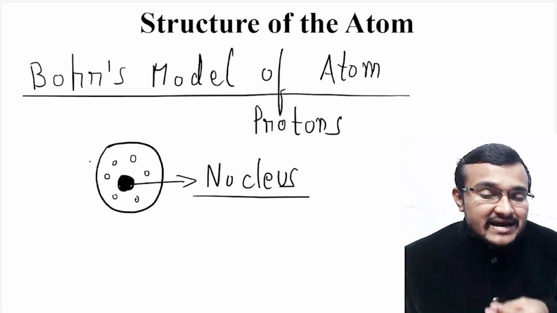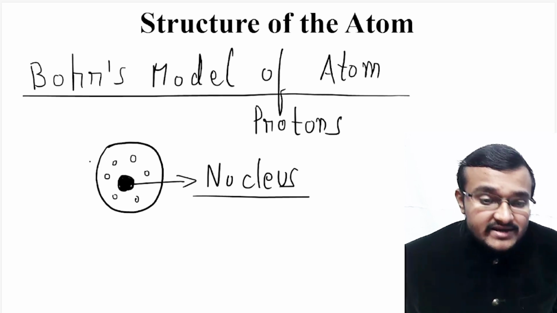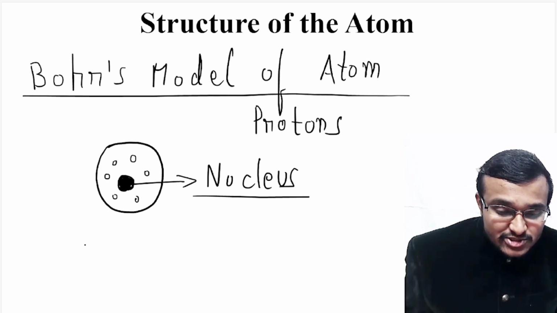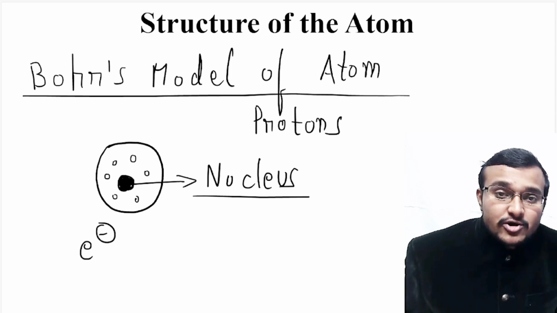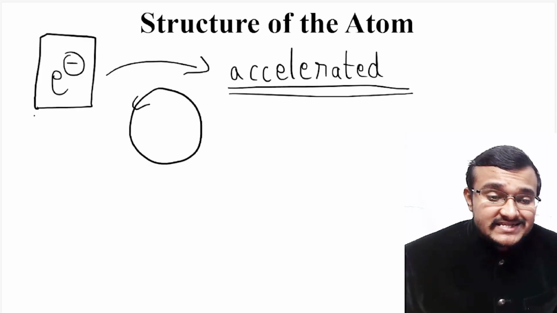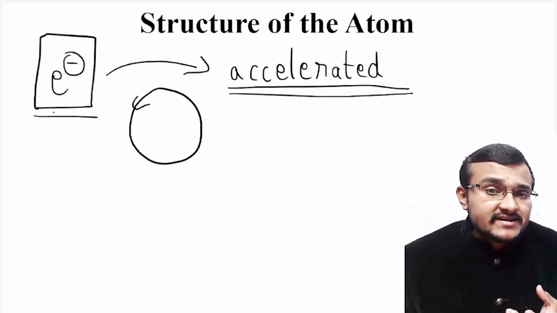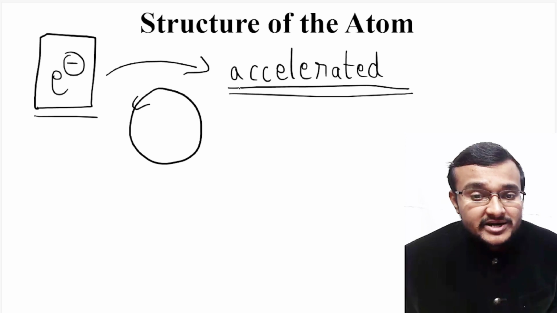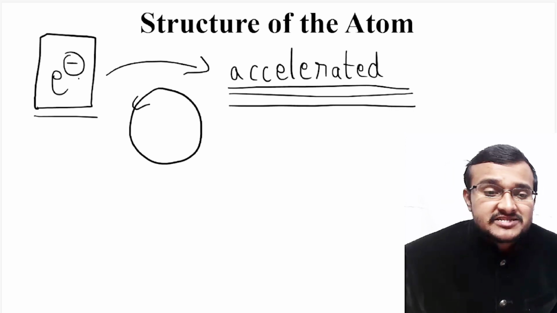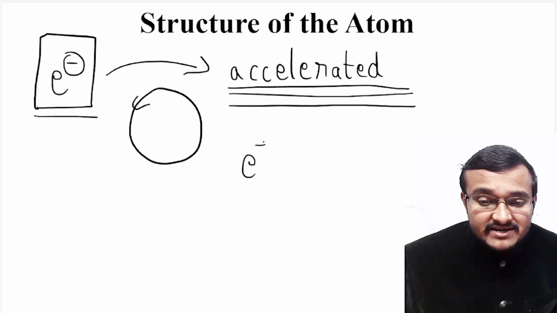Coming to the drawbacks of this model, here the electrons are revolving in a circular orbit. Now the electron is negatively charged, and any particle moving in a circular orbit will get accelerated. If a charged particle gets accelerated, then it will radiate energy.